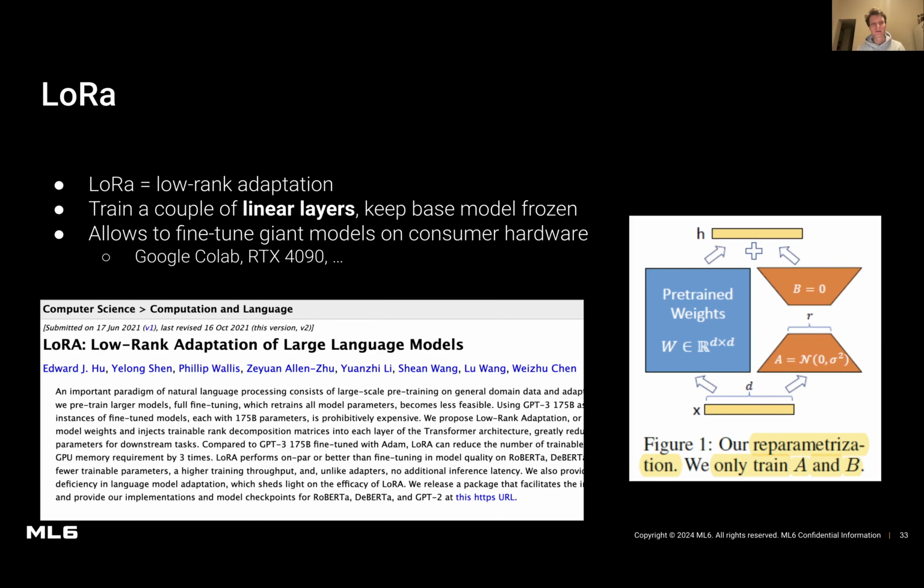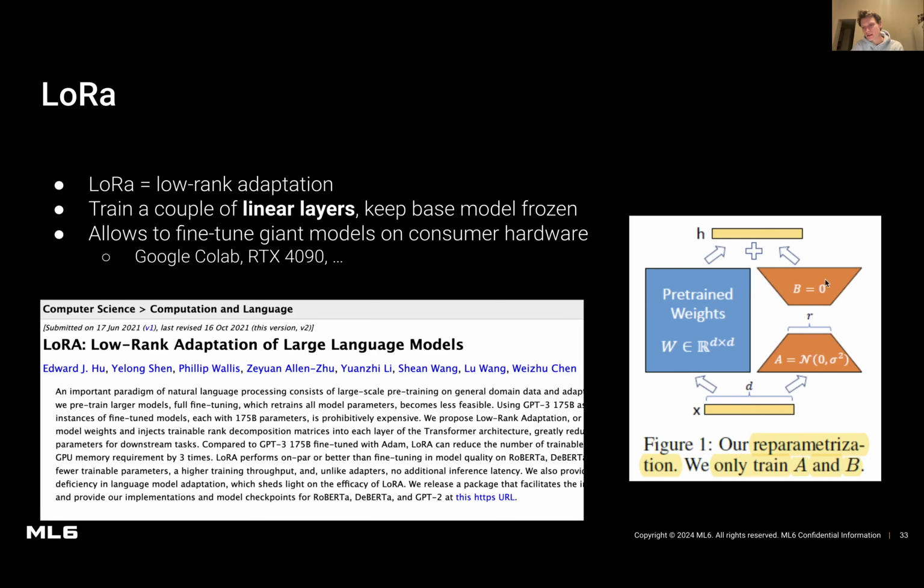And the idea of LoRA is that we are going to freeze, or basically not touch, the existing pre-trained model. So we're not going to update the weights of a model like Stable Diffusion or Flux, but rather we're only going to add a couple of linear projection layers on top of such a pre-trained model. We're only going to train those layers.